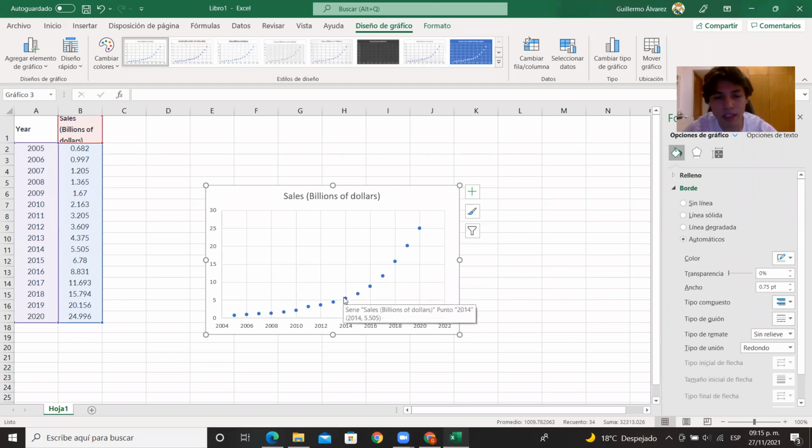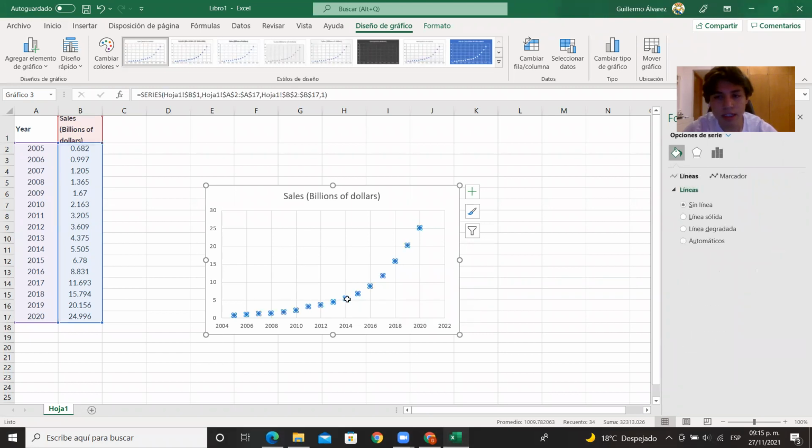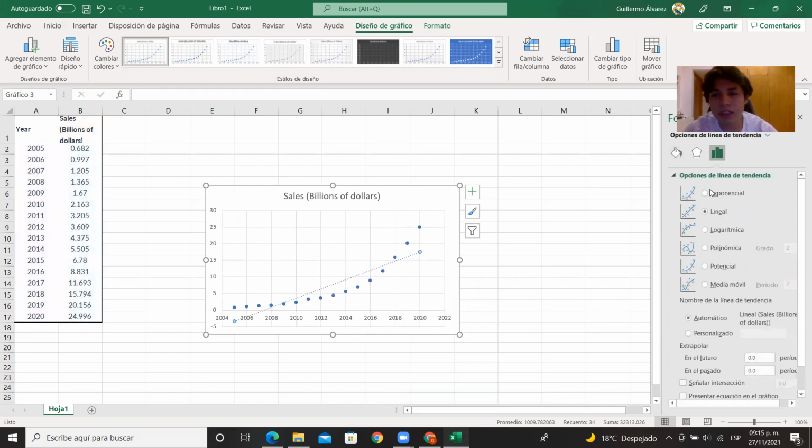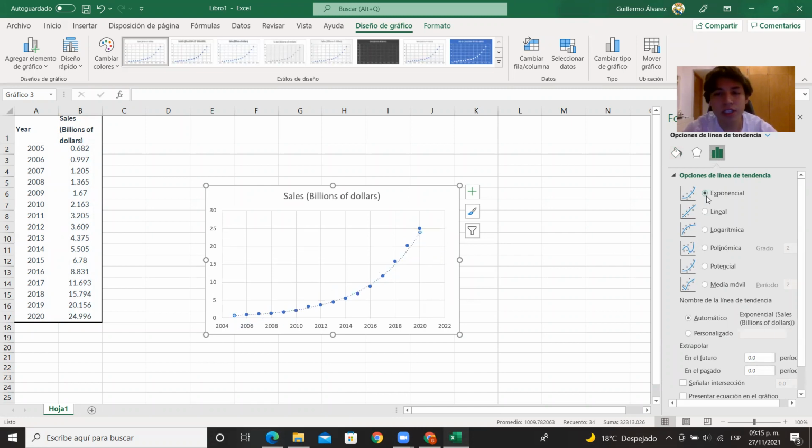You only click here on one of the data, and here we put "agregar línea de tendencia", and you can choose between linear, exponential, logarithmic, polynomial, potential, and moving average.